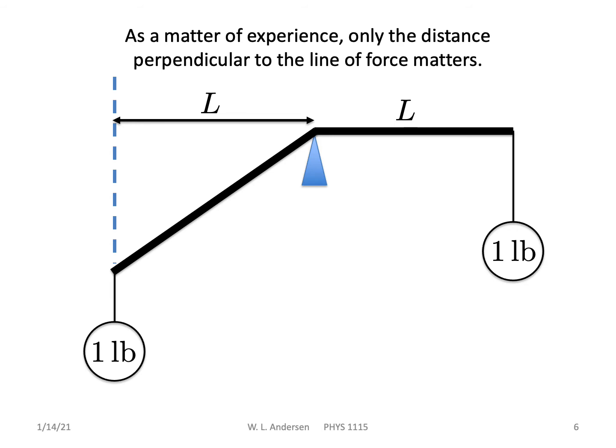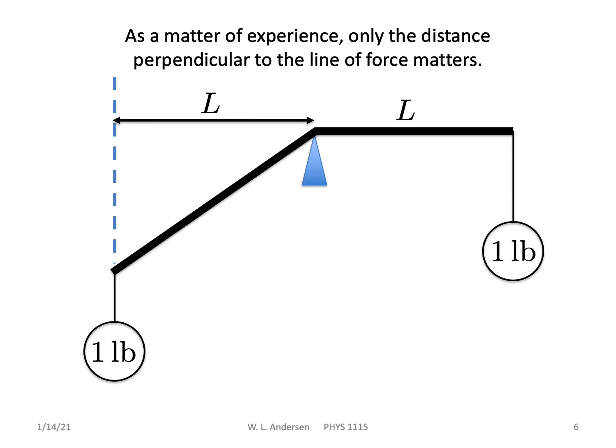What it amounts to is that you draw a line in the direction of the weight, up and down, the direction that the weight exerts its influence, and you do a dotted line, and you find the distance.